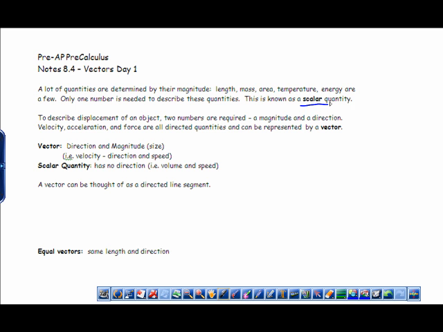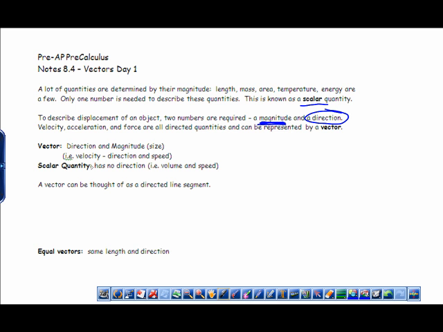So it says to describe displacement of an object, two numbers are required: a magnitude and a direction. This word magnitude may scare you, but you've been dealing with magnitude since you were in elementary school. You just didn't call it that. Velocity is a perfect example of this because you have to have a direction.